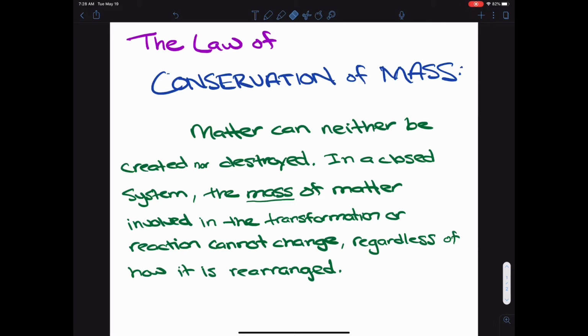But what you watched with Bumblebee is you noticed that when Bumblebee went from a Volkswagen Beetle to a robot, no part of that machine was created or destroyed. You did see that one part fall off in the very beginning, but it was incorporated back into Bumblebee when he became a robot.